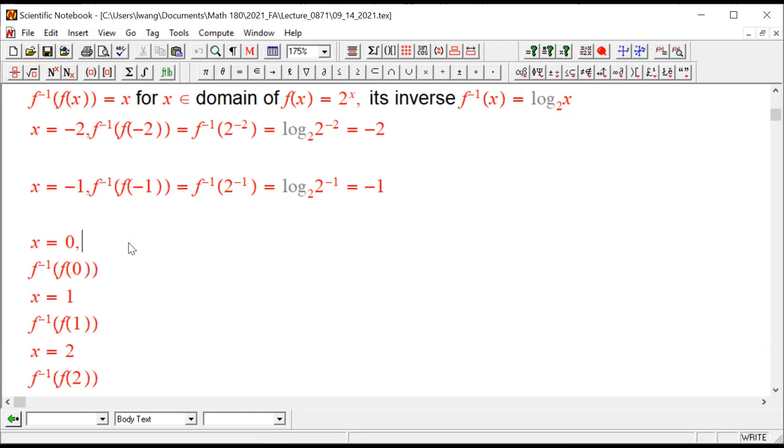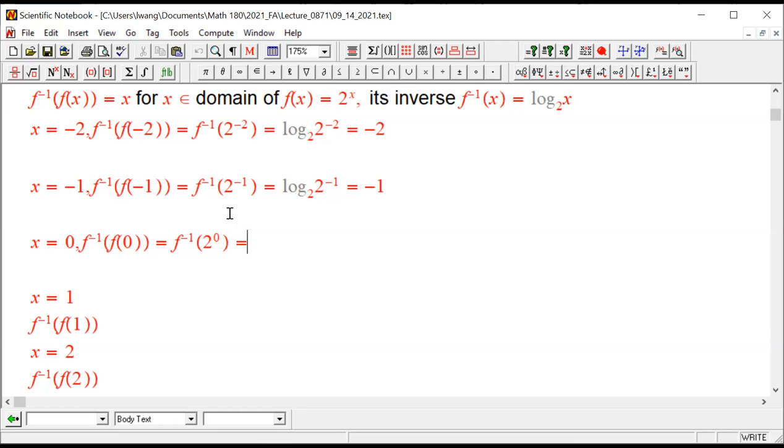For 0, okay, you have f inverse of f of 0. We take the inside most first. F of 0, that's going to be 2 to the power 0, because you put in the rule for f of 0.